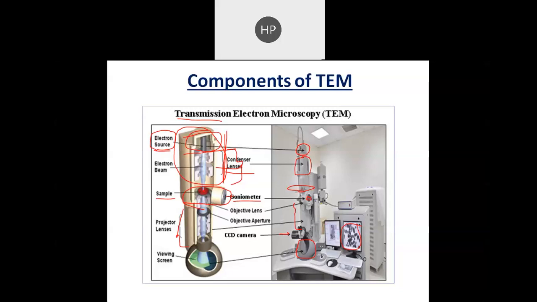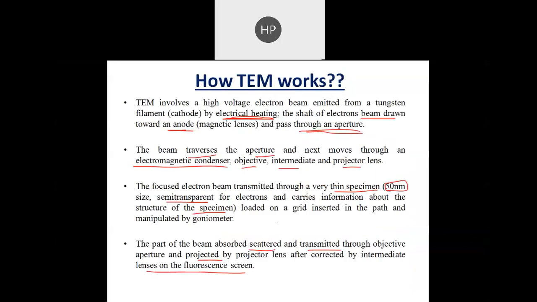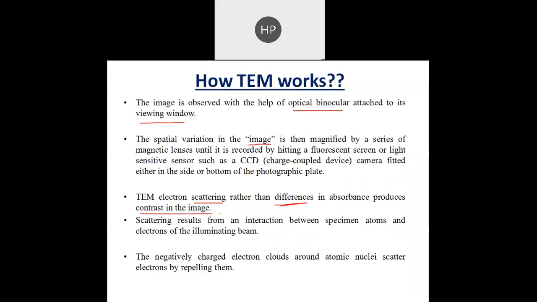How this contrast is produced in the image depends on how the electrons are scattered and how they differ, and based on that the electrons are absorbed and we can observe a contrast in the image.